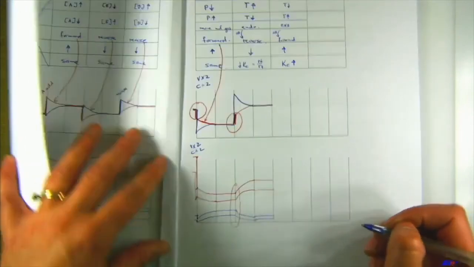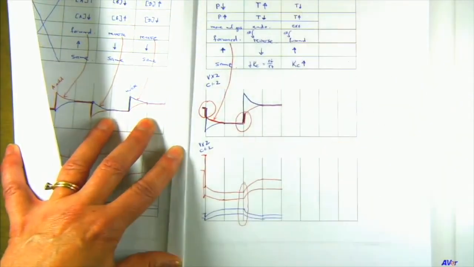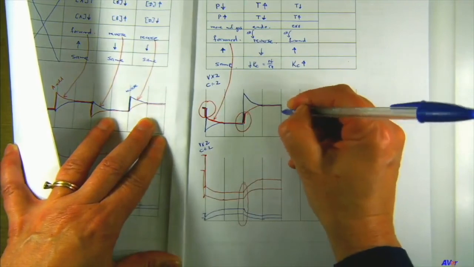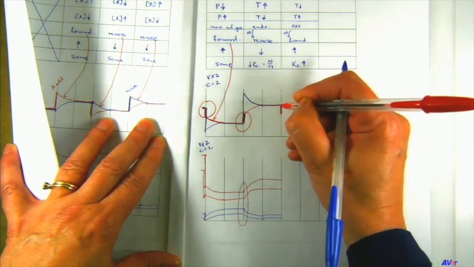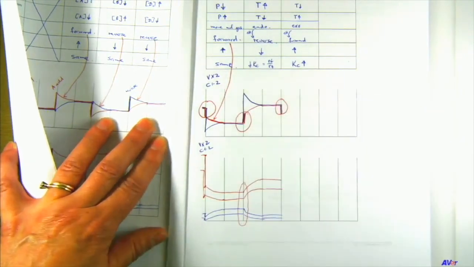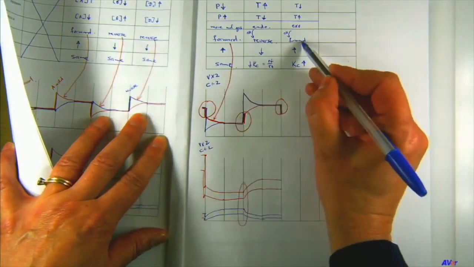Right, let's get to the graphs. If I decrease the temperature, what happens to rates? The rates decrease. So they're going down. I just want to know which one is going down lowest. They're both going down. I want to see both of them going down. Now, which one is favored? Forward.